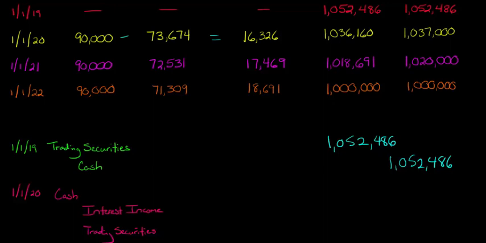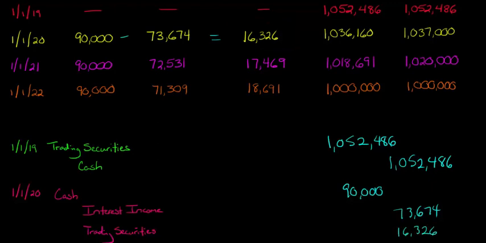In our first journal entry, we're going to debit cash. We're receiving cash of $90,000, and our interest revenue is $73,674, which I'm getting from our table. Then we're going to reduce the trading securities account by the amount of the bond premium that we've amortized. That's $16,326, which makes our debits and credits balance.